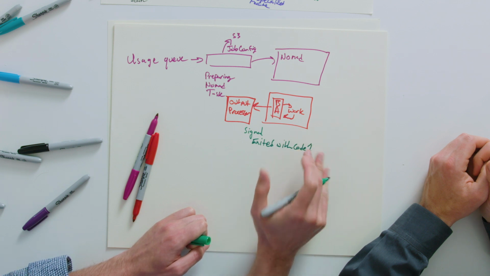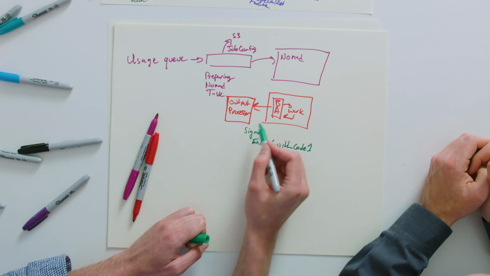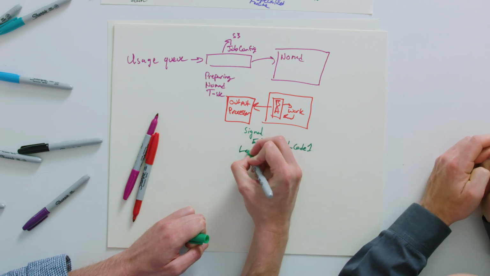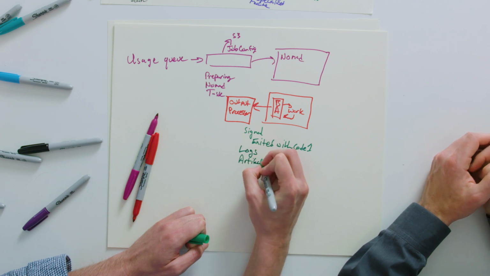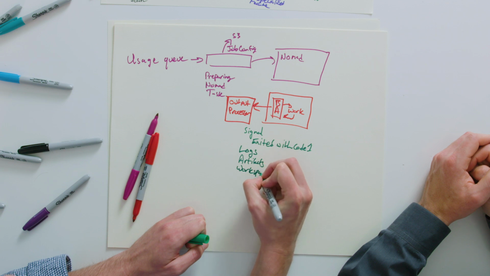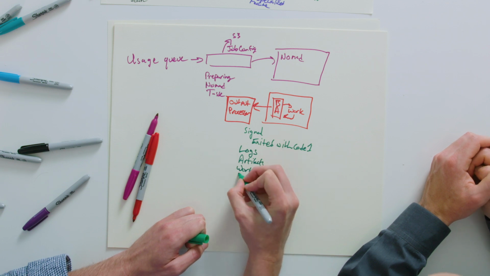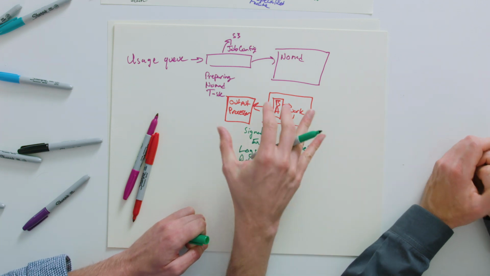This would just be like the exit code for the process. But the other thing we're doing is sending all your logs through here and your artifacts. And it's involved with things like workspaces and caches as well. It's the touch point between your workload as a CircleCI customer and the rest of our system.